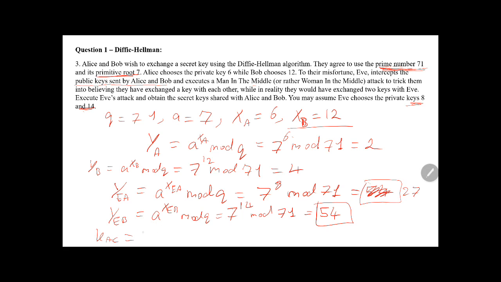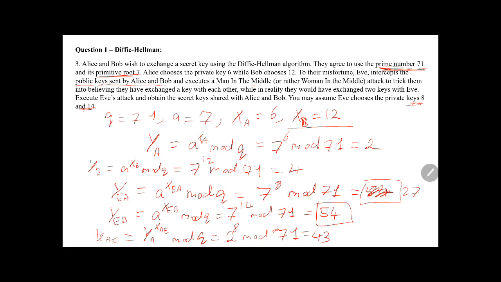We get Alice's public key, which is YA, power XAE modulus Q, which is 2 power 8 modulus 71, which should be equal to 43.